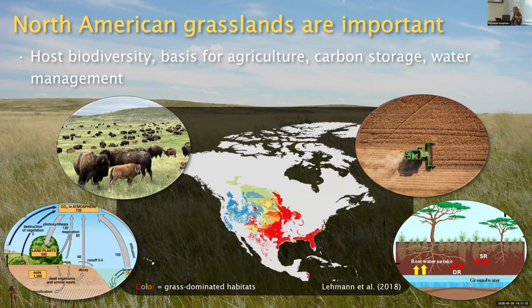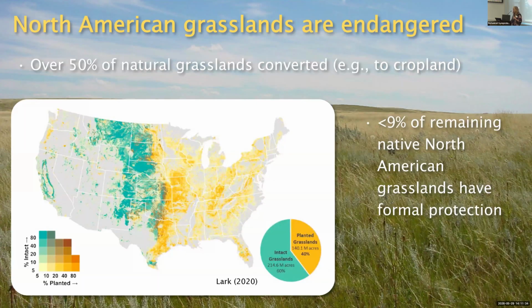So grasslands are super important in North America, but also very threatened. Over half of the area of natural grasslands have been converted, for example, for cropland, and less than 9% of the remaining grasslands have any kind of formal protection. So very important, but very threatened.